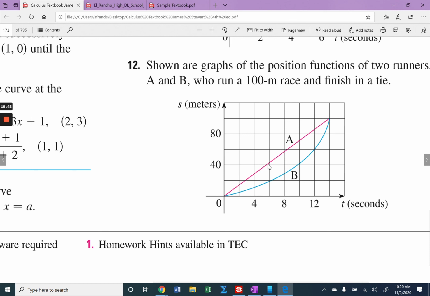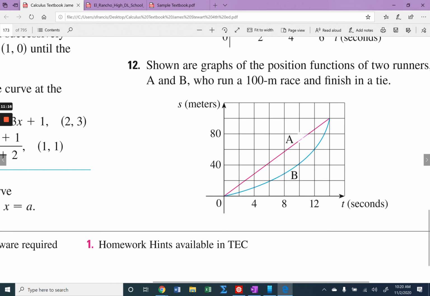If I imagine the tangent line to B, I want the tangent line to the graph of B to be parallel to this line for A, because then the slope of that tangent line would be the same as the slope of this line, which means they'd have the same velocity, and in this case, the same speed. So again, you're going to have to approximate the time. Imagine drawing in some tangent lines along the curve and find one that's parallel.